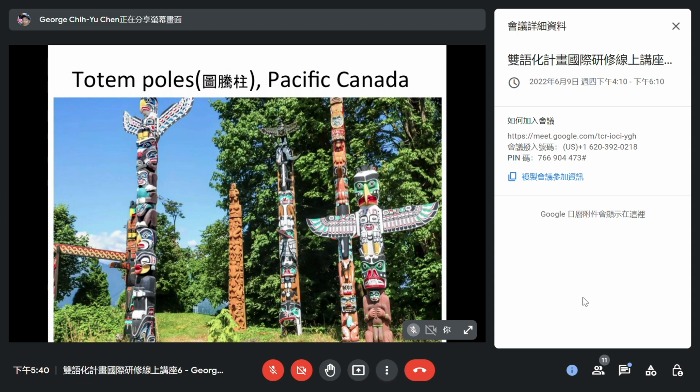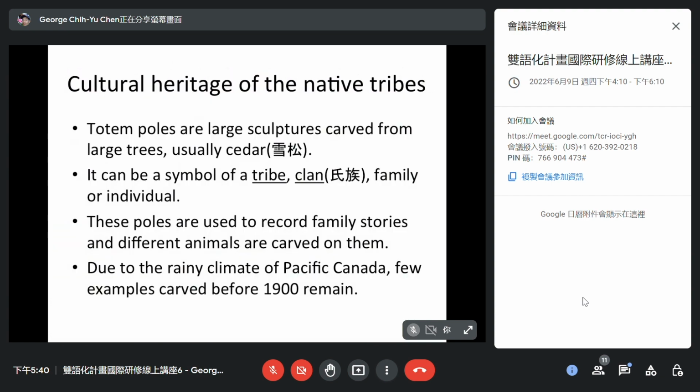It can be a symbol of tribe, clan, family, or individual. When you see totem poles in Vancouver, 温哥华, they are a representation of the cultural heritage of native tribes.